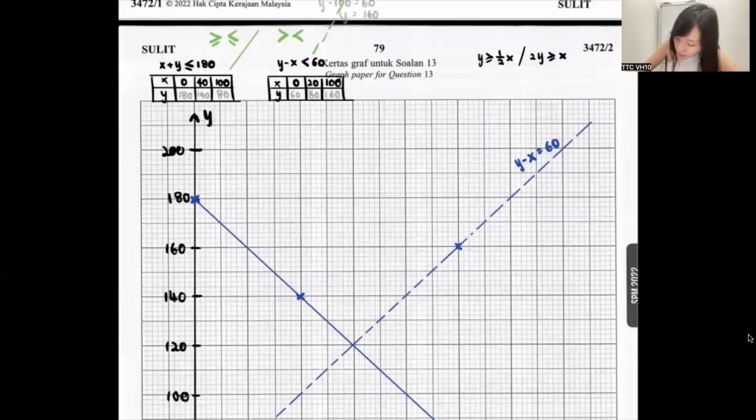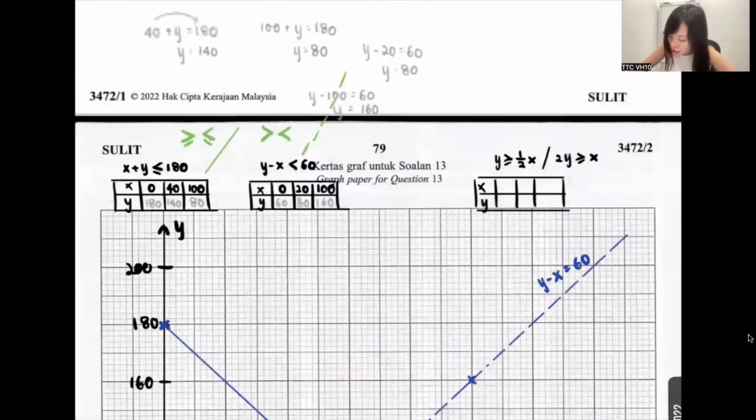Okay, next one, the last one. X and Y, okay? Again, try some numbers. If X I put 0, I think Y straight away is 0. You can try. X is 0, Y is legit 0. Okay? Let's say X I put 80.